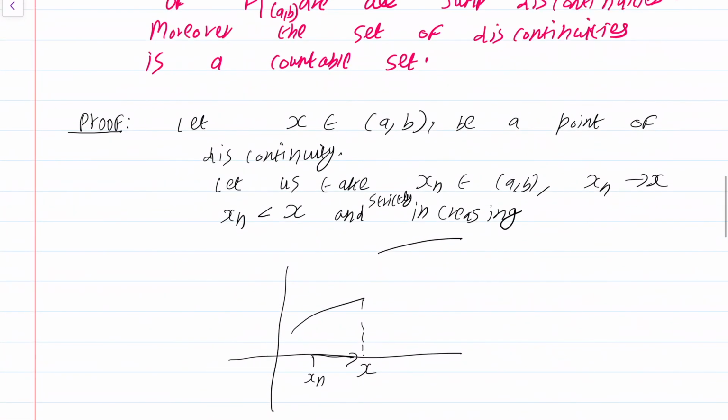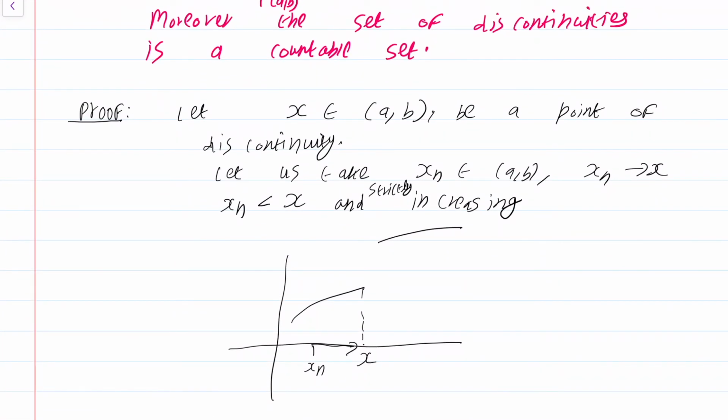F of x has to be somewhere in between this jump, because the function is an increasing function. It cannot be here, it cannot be here. So essentially f of x is going to be sandwiched between the jump, and this jump has to be at least 1 by k because the oscillation at that point is 1 by k, and f of x is not going to contribute that much oscillation.